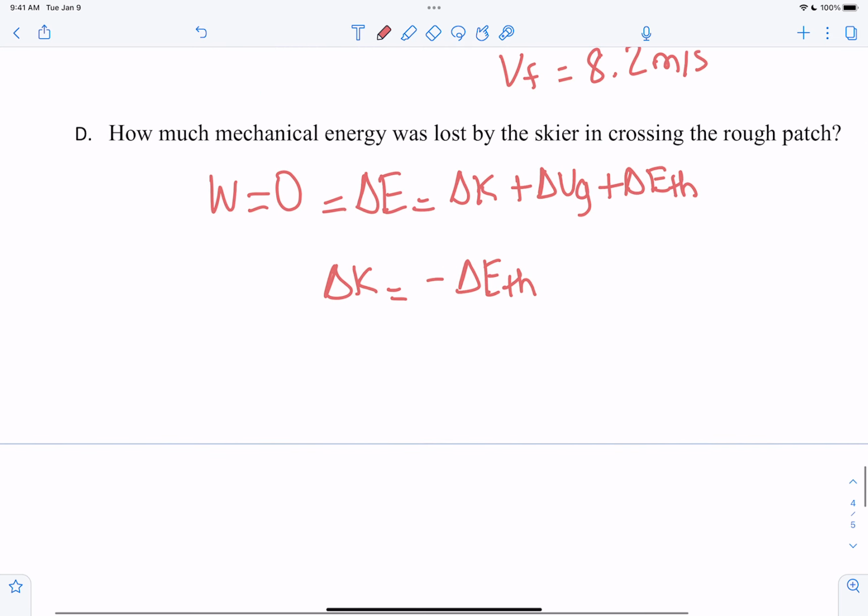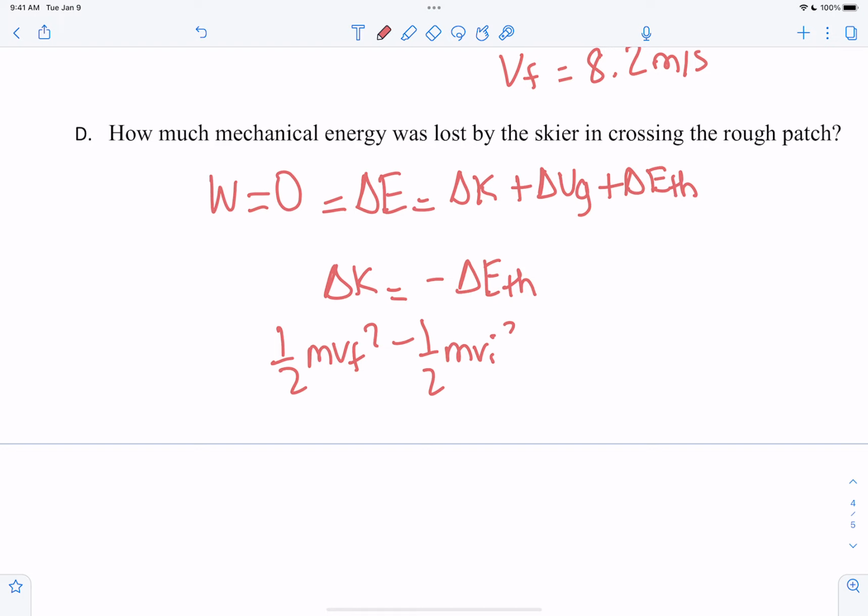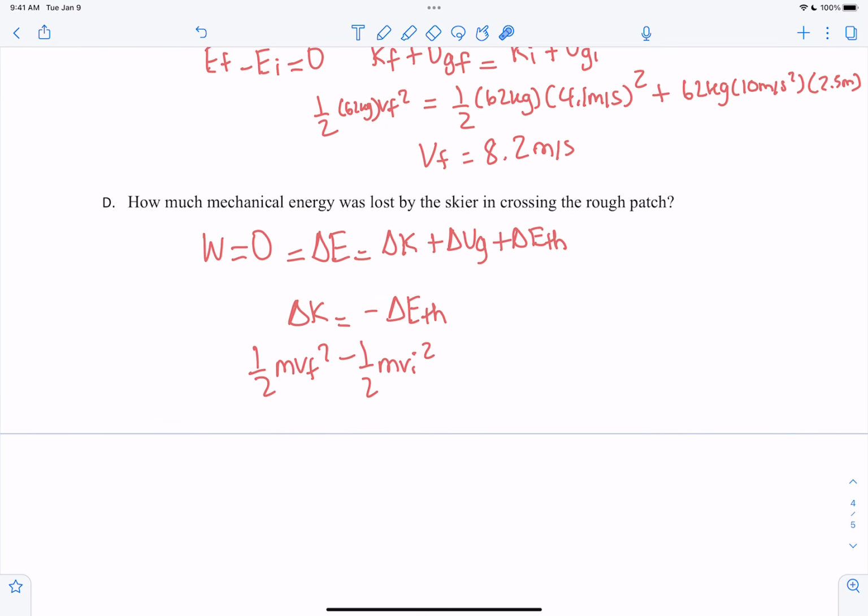So for delta K, I have half m vf squared minus half m vi squared. There is a decrease in speed due to that rough patch, and that should be equal to negative the change of thermal energy, right?